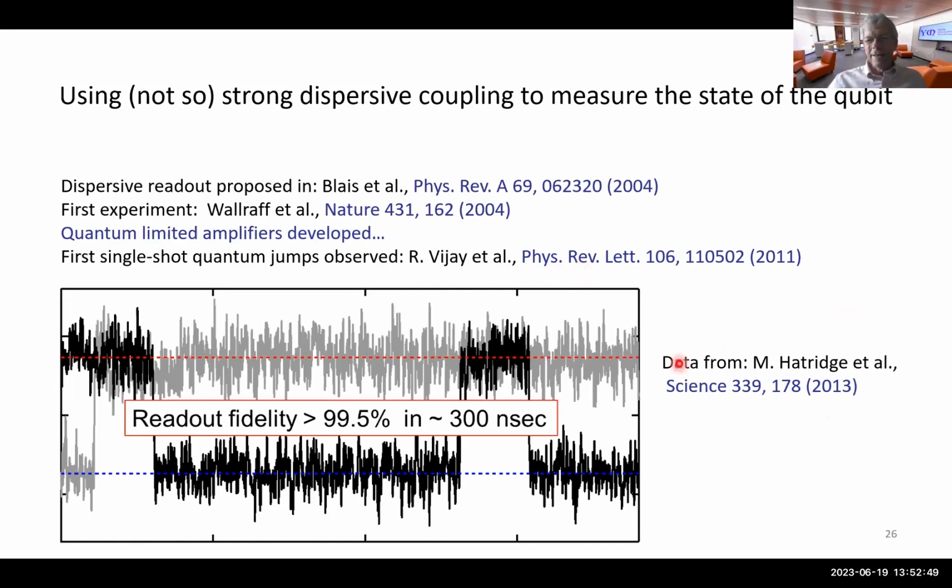And here's data from our host from 2003, where you can see very clearly resolved quantum jumps in the state of the qubit as it jumps back and forth. And this stuff is partly classical amplifier noise, but I think some reasonable fraction of it is actually vacuum noise visible more or less to the naked eye.